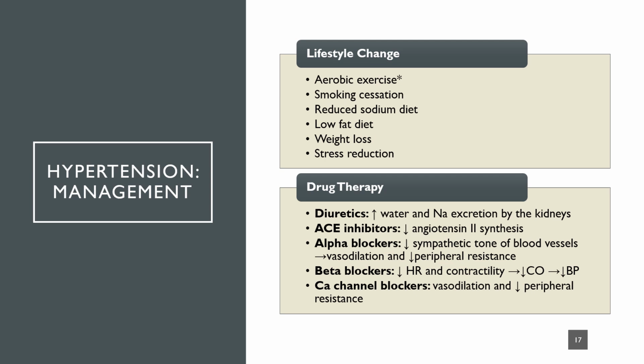Drug therapy includes diuretics, which increase water and sodium excretion by the kidneys; ACE inhibitors, which decrease angiotensin II synthesis; alpha blockers, which decrease sympathetic tone of blood vessels, which leads to vasodilation and decreased peripheral resistance; beta blockers, which decrease heart rate and contractility, which leads to decreased cardiac output, which leads to decreased blood pressure; and calcium channel blockers, which are vasodilators and decrease peripheral resistance.